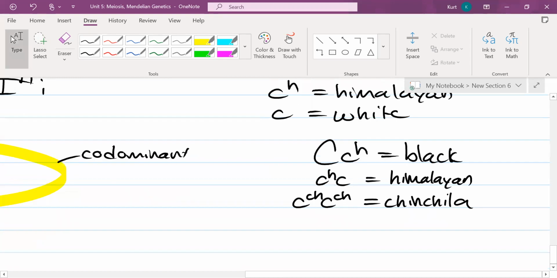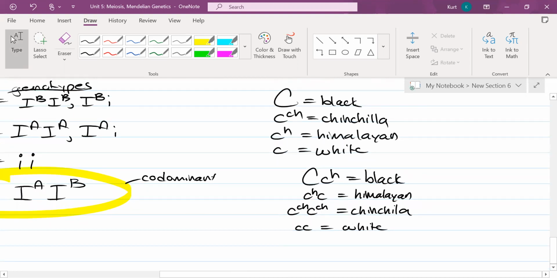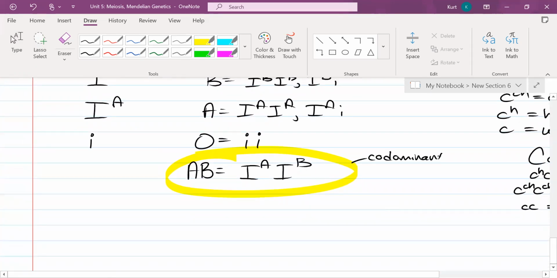What is the only genotype that could be white? So, what's that an example of? All those different alleles. That's an example of multiple alleles. All right, let's see what else we have here.